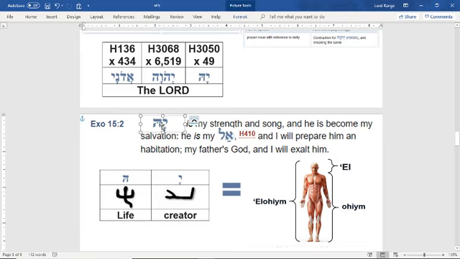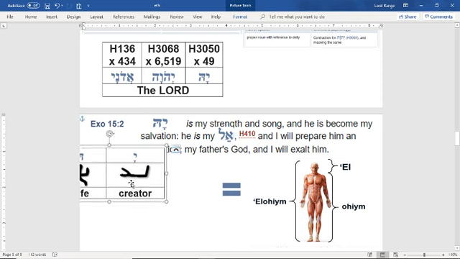Now the next thing we're going to focus on here is taking the modern Hebrew Yod and Hey and translating it back to ancient Hebrew, and you get this hand and arm and this symbol, which has three main meanings, which is look or behold, reveal, and to breathe, like to resurrect, to give life.